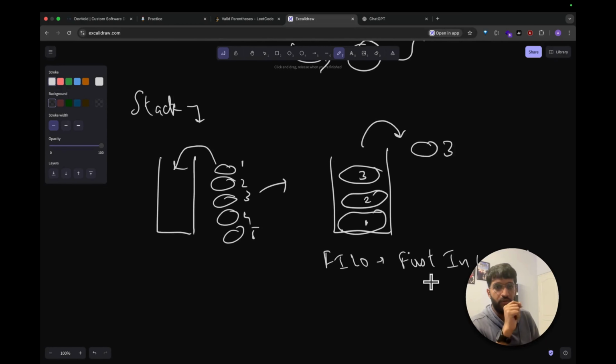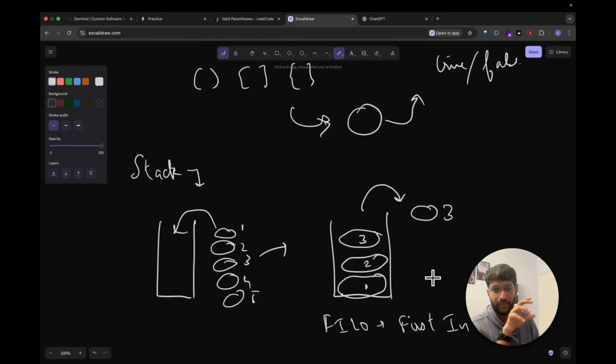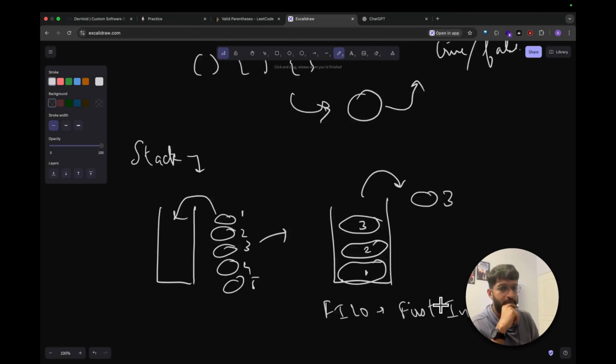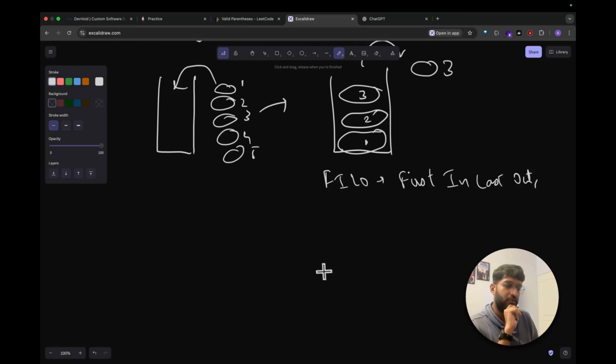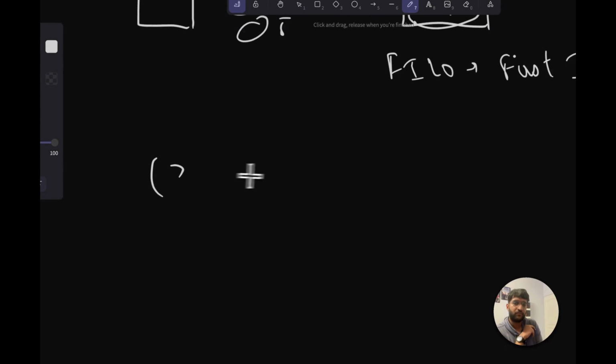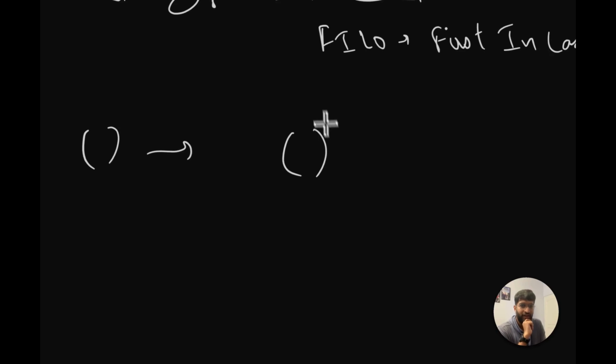Now let's try to understand what's happening more precisely. For this problem, let's take the brackets with some examples. I get the round bracket opening, then I get the round bracket closing. When I get a closing, I see that the previous one is the opening one, right?